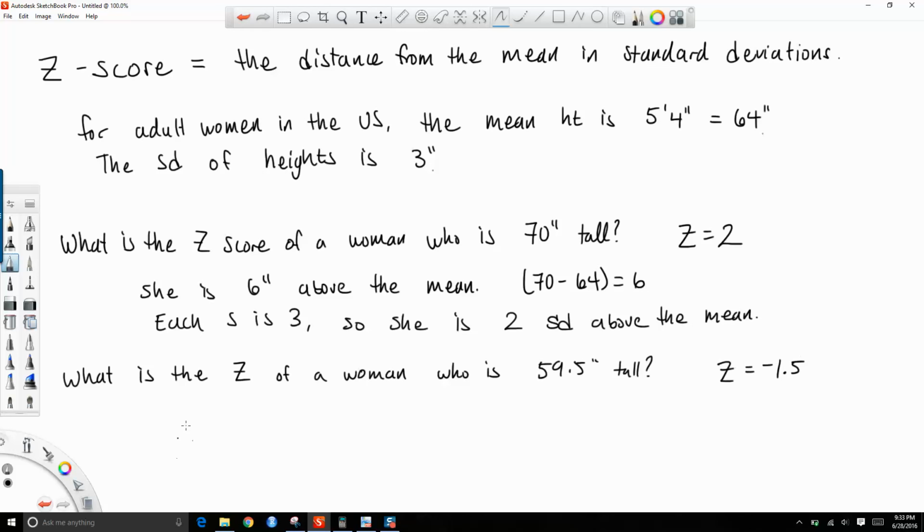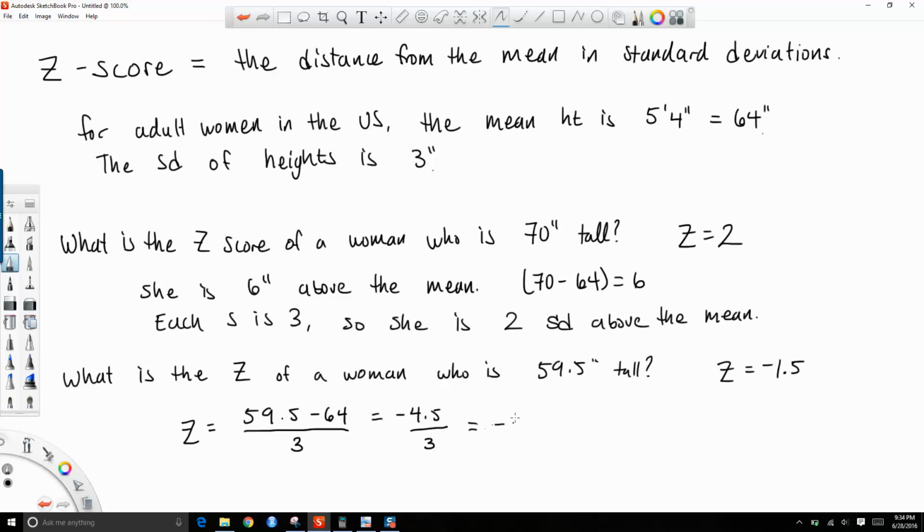So what we're doing is we're taking how far she is from the mean, 59.5 minus 64. So we see that she is 4.5 inches below the mean, but we want to express that in standard deviations, so we're going to take that distance and divide it by 3, because each standard deviation is 3.